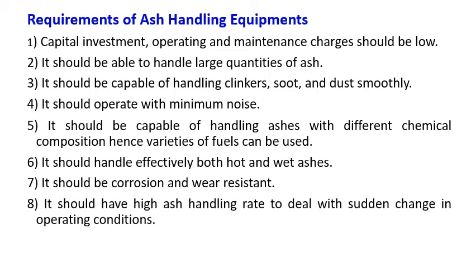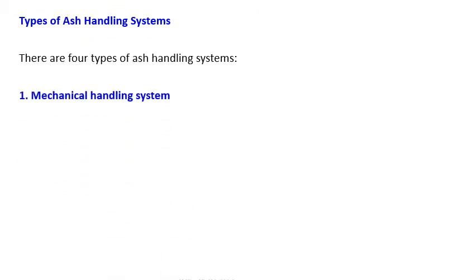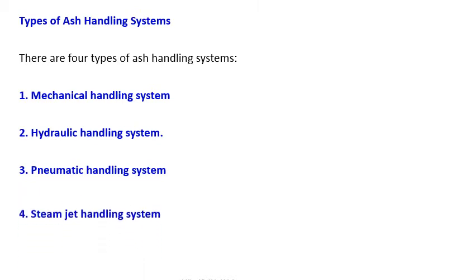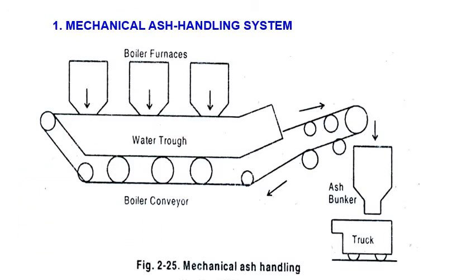You should have a high ash handling rate to deal with sudden changes in operating conditions. There are four types of ash handling systems: the first is mechanical handling, the second is hydraulic handling, the third is pneumatic, and the fourth is steam jet handling. Let us see the first one, the mechanical handling system.